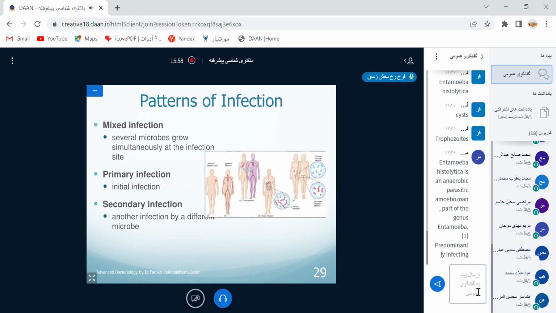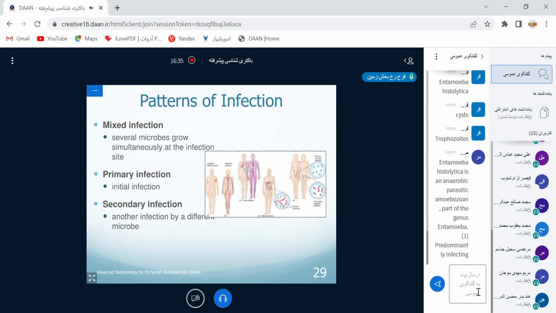But in blood, in lung, in liver, in kidney, in brain, in heart, we don't have normal flora. Any microbe can go out of the intestine, can go to different parts of the body. Now it is not normal flora, it is a pathogen.